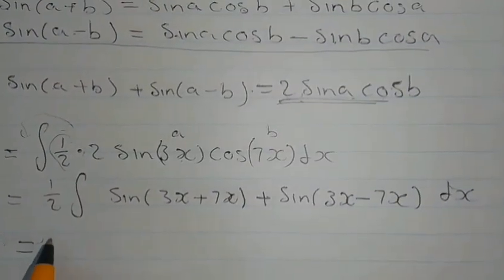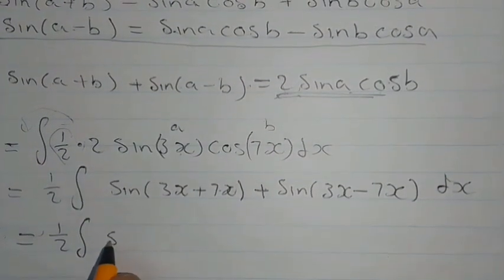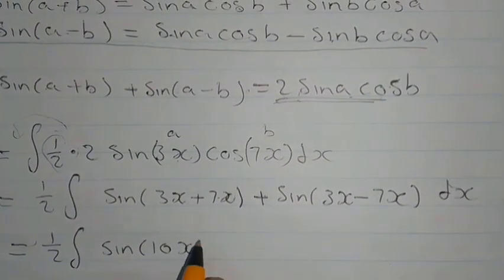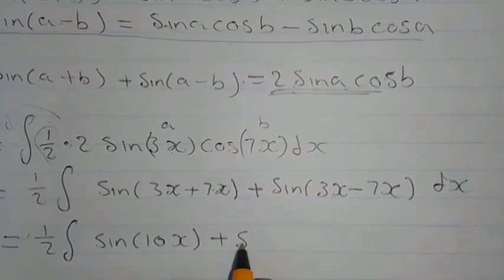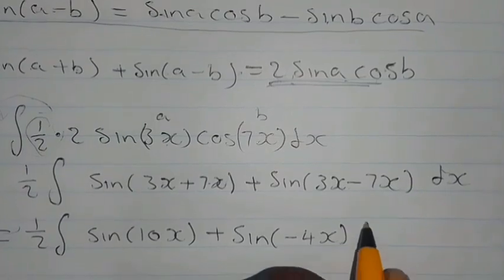Now you can simplify: half the integral of sine 10x plus sine of 3 minus 7, that's minus 4x, dx.